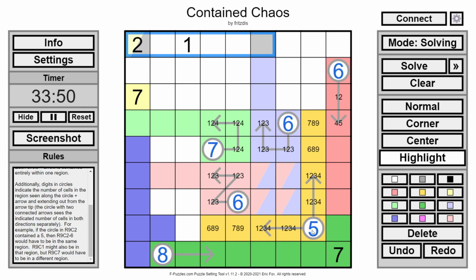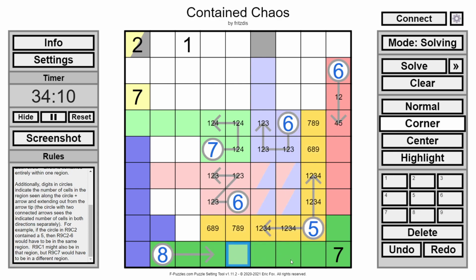Okay. Do we need to start trying to do some Sudoku with this? We've already had to use a little with this kind of right angle region here, the yellow. How does 6 go down here? 6 can't go here, can't go here.